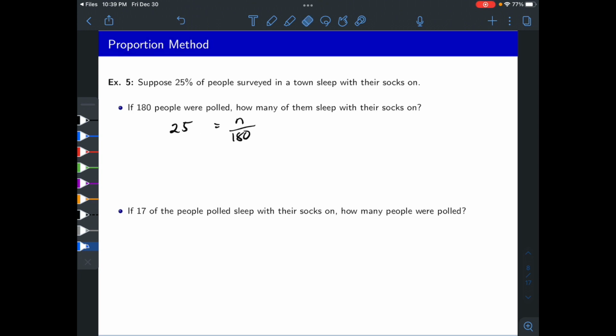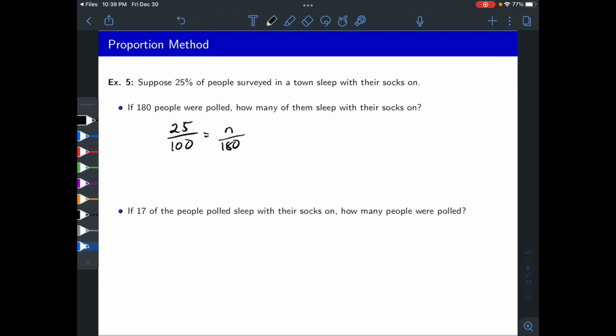And let's go ahead, instead of saying 25%, just call this what it is, 25 out of 100, because the percent is just a fraction out of 100. So this tells us that 25 out of 100 people, keep in mind the 100 represents the total, in the same way that the 180 represents the total. 25 and n both represent the number of people that sleep with their socks on.